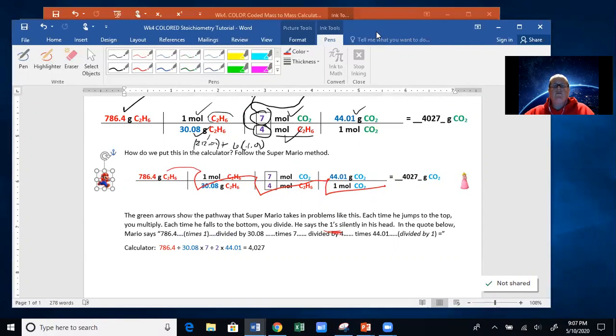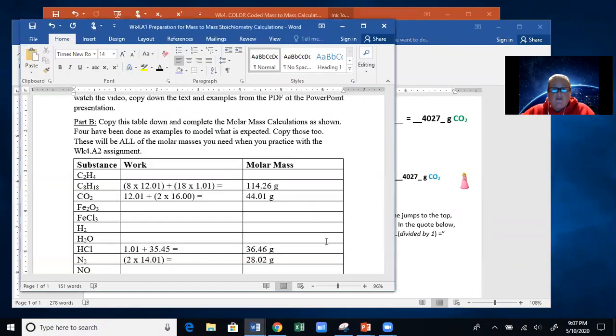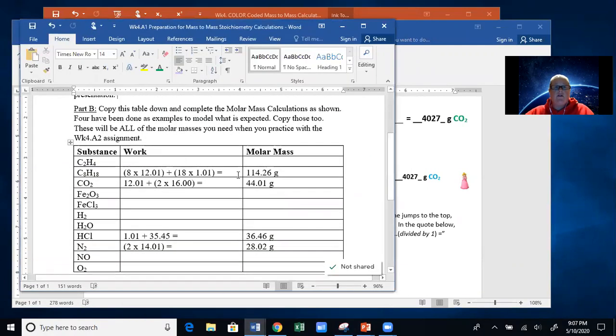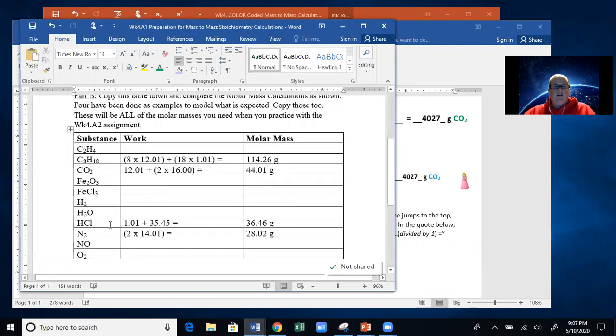I'm going to look for the roadmap, the 3 examples, and this table completed right here. I've given you some of these already from the presentation, but I want you to have that available. So this assignment is just copying down my examples, just like I have, calculating these molar masses, and sending me a picture of that.